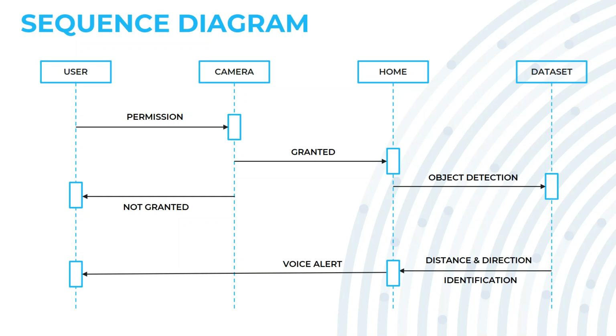Once the permission is granted, we land on the home layout of the application, which is nothing but preview of what's being captured in the camera. Once we get the preview, the object detection takes place by referring to the model which is trained using the database, and the object is detected. After the object is detected, the direction and distance are identified and is given in terms of voice alert to the user.